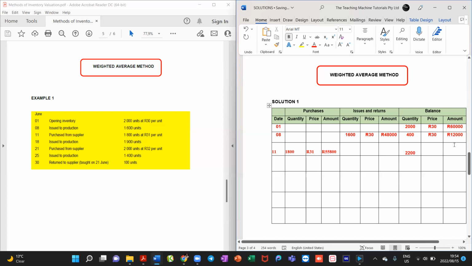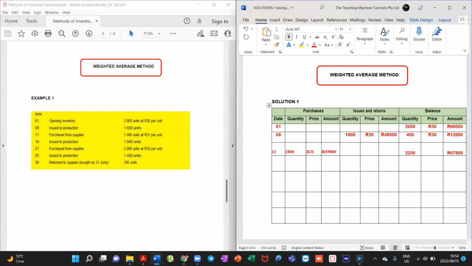Okay, second step, add the total amount. 12,000 plus 55,800. How much is 12,000 plus 55,800? 67,800.